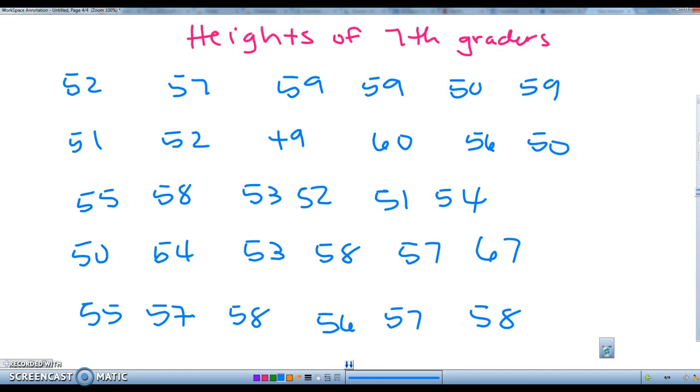I know that's a lot of numbers to write, so just make sure you have them down.